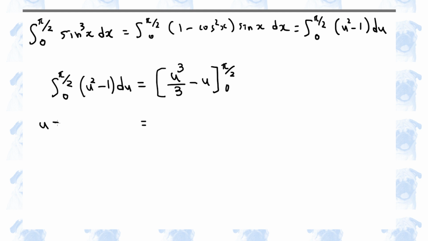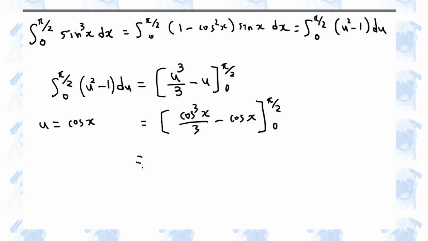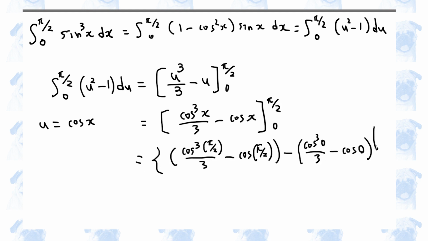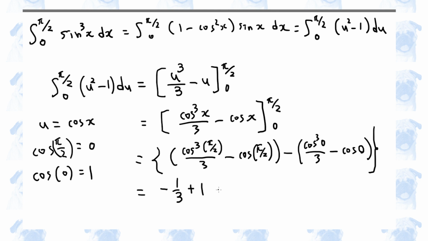Recall that u is cosine x. Cosine pi over 2 is 0, whereas cosine 0 is 1. So the answer is 2/3.